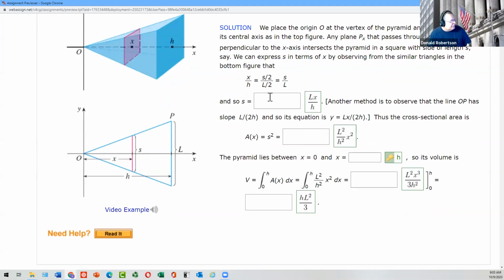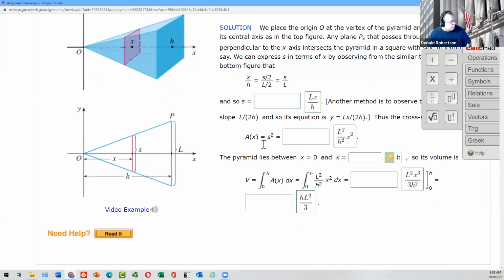Now, if you know S is this, won't S squared just be the square of this? So won't S squared be L squared over H squared times X squared? And isn't that the area of the square? Because if you know this side down here is S, and you know this side here is the same, then won't the area of this shape be S times S?